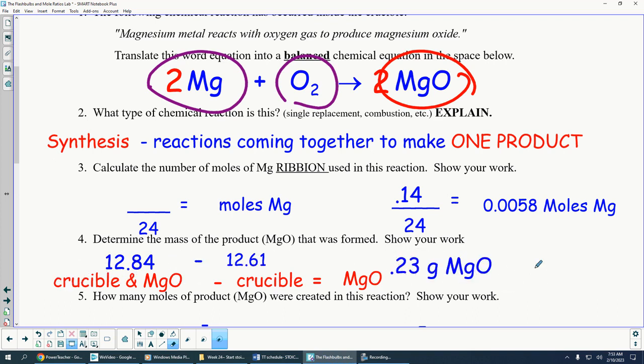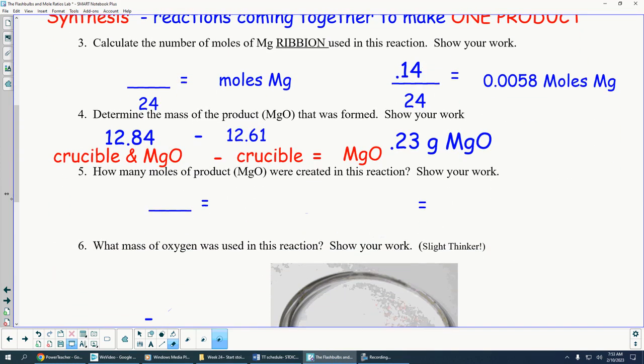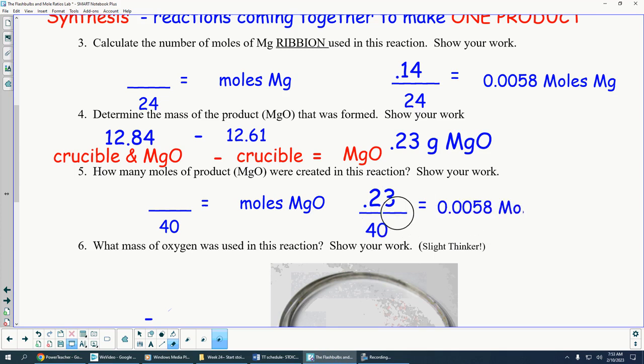You probably did that already. It should have gone up. Nice. Now, how many moles of MgO is that? Well, I know moles equal mass over formula weight. The formula weight of 1 Mg and 1 O is going to be 40. So I would take my final mass and divide it by 40 to get moles. So hopefully we're there. Awesome.